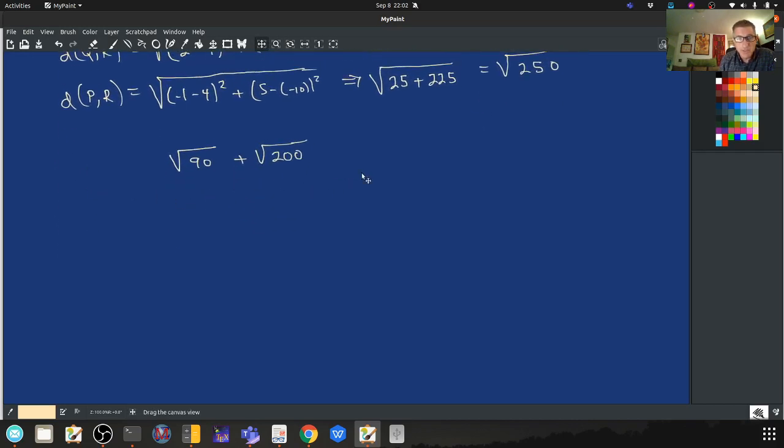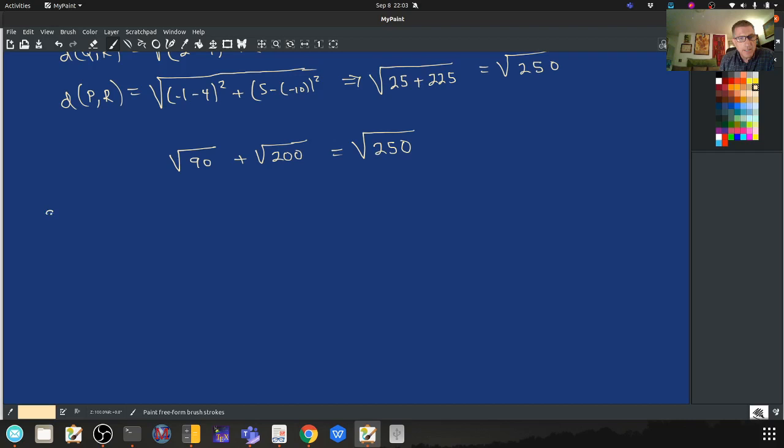So this is the distance, and we want to see if it's going to be equal to the square root of 250. And I know exactly what you're going to do. You're going to grab a calculator, find out what that is, and then what that is, add them together, and find out what this is. I probably can't stop you from doing it on a test. Well, let's try to do it without that.